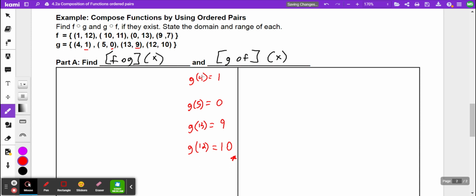So now that we know what we would get if we plugged in these, we can take these values and plug them into the other machine. So let's try that out.